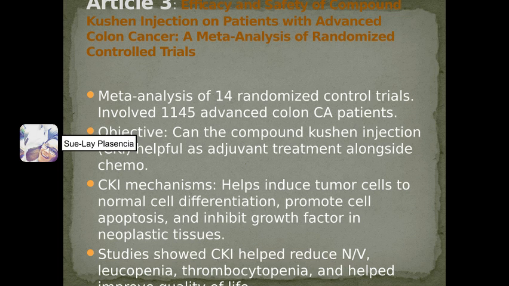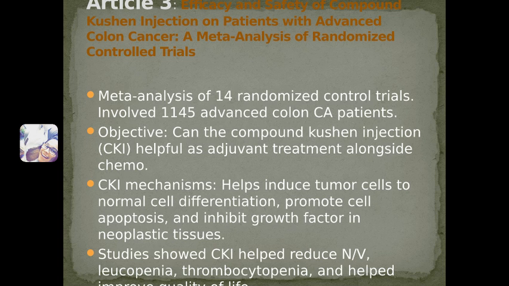Okay, so Article 3, Efficacy and Safety of Compound Kushen Injection on Patients with Advanced Colon Cancer, a Meta-Analysis of Randomized Control Trials. This was my favorite article, because it was based in China, and they're using herbal injections in addition to their chemotherapy to see if this helps with colon cancer survival rates.